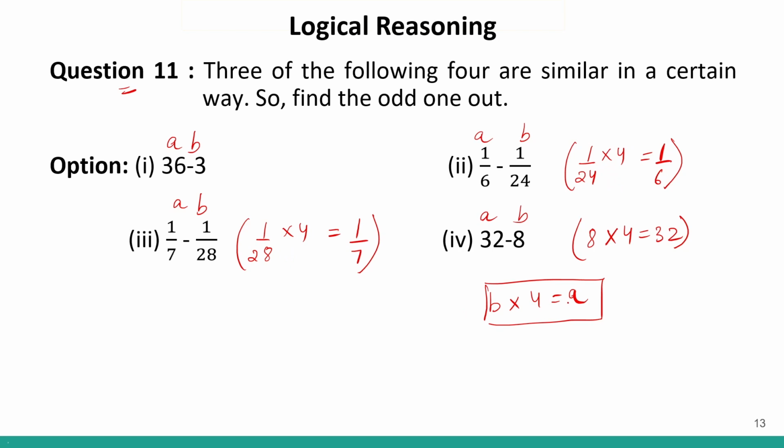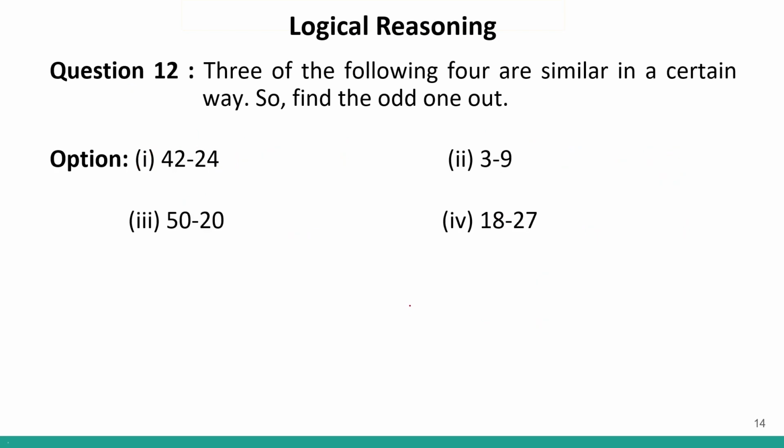I am simply multiplying the second letter B with 4 to get A. Correct? But if I do this in option number 1, if I multiply 3 by 4, I'll get 12 and not 36. Therefore, option number 1 is different and it will be the odd one out. So, option number 1 will be the correct answer. Okay, clear?